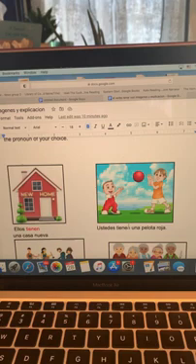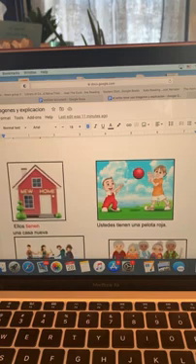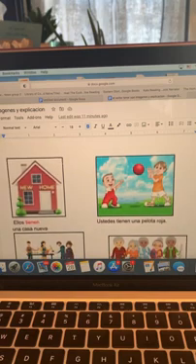Ellos tienen una casa nueva. This indicates possession. They have a new house. Second example is also about possession. Ellos tienen una pelota roja.